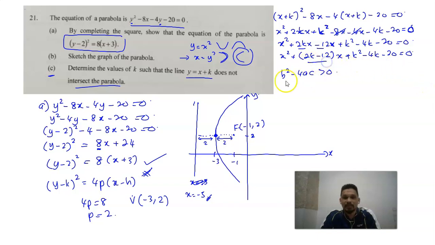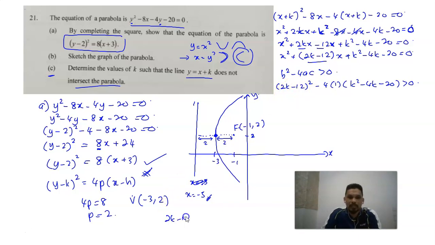So b is 2k minus 12, squared, minus 4 times a equal to 1, times c, k squared minus 4k minus 20, greater than 0. Expand this (2k minus 12) squared. Again, please remember, this is 2k minus 12 multiplied with 2k minus 12.